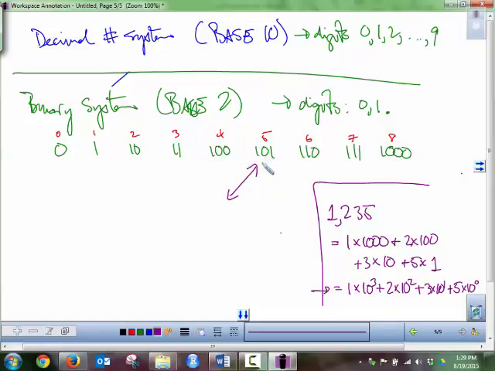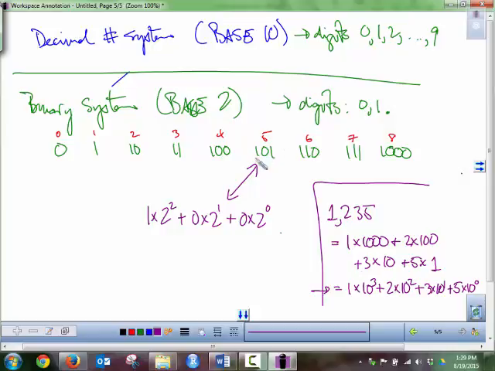So 101, this is 1 times 2 to the, this is 0, 1, 2, this is the second power, plus 0 times 2 to the first power, plus 0 times 2 to the 0th power.